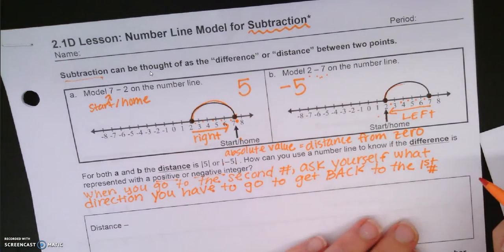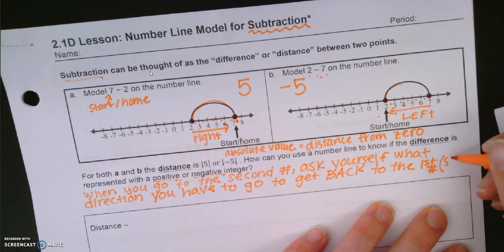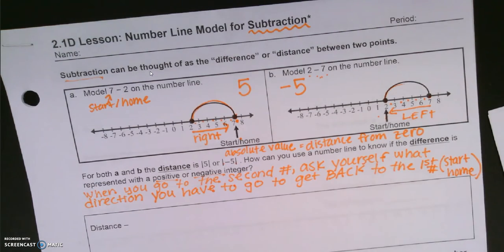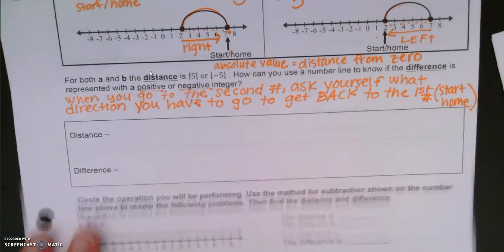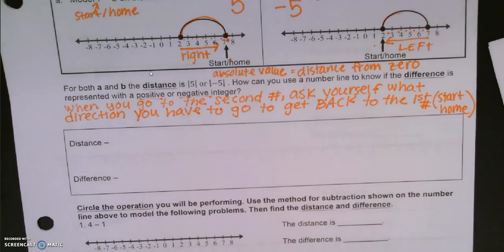And remember, that first number, we called that your start or your home. And depending on what direction you have to go, that's going to tell you if it's positive or negative.